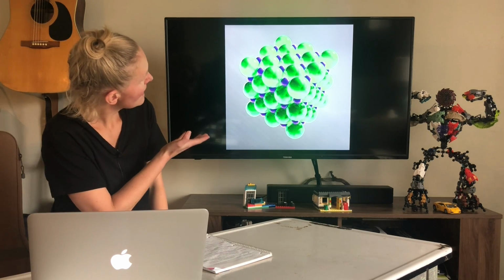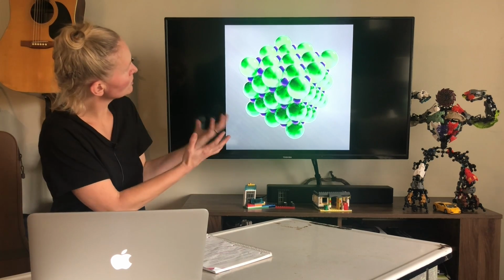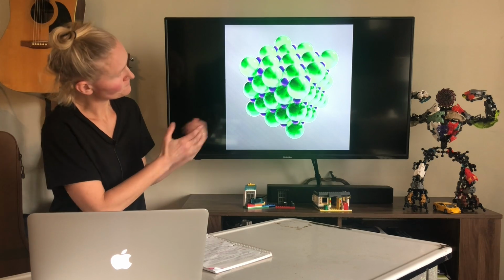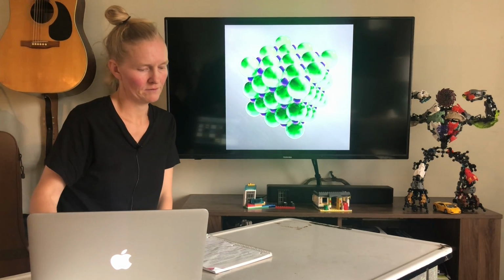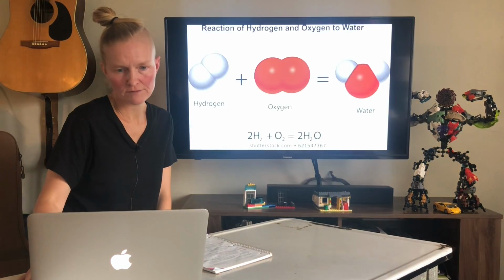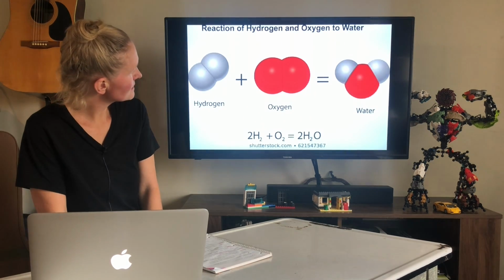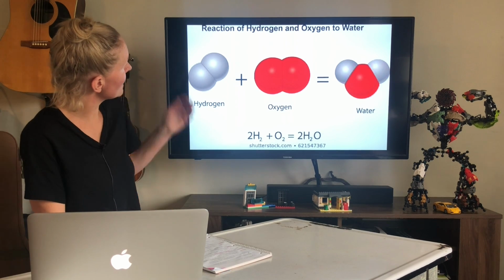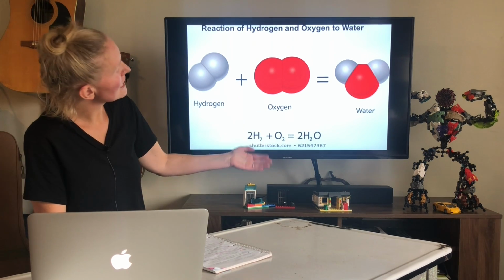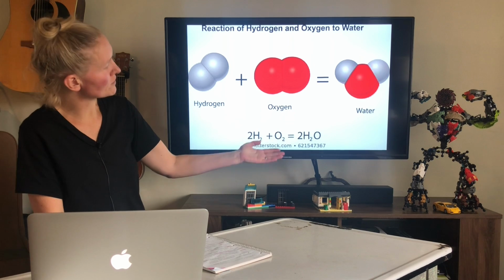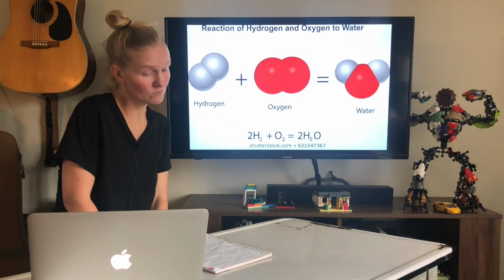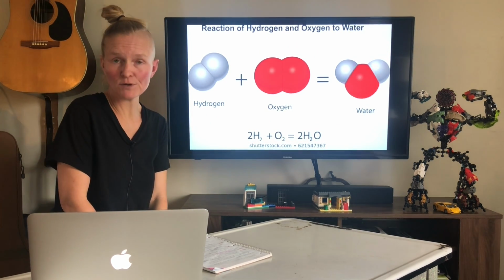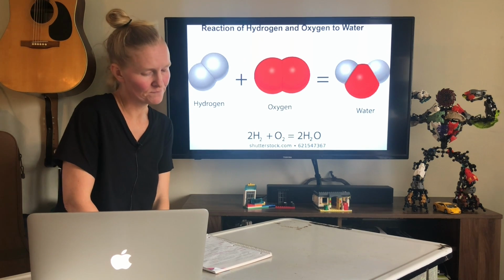So this is a molecule of salt. And here is another example of a molecule or a compound. We have hydrogen and oxygen, and together they form water. And that is a very well-known compound and something that we all need every day for living.